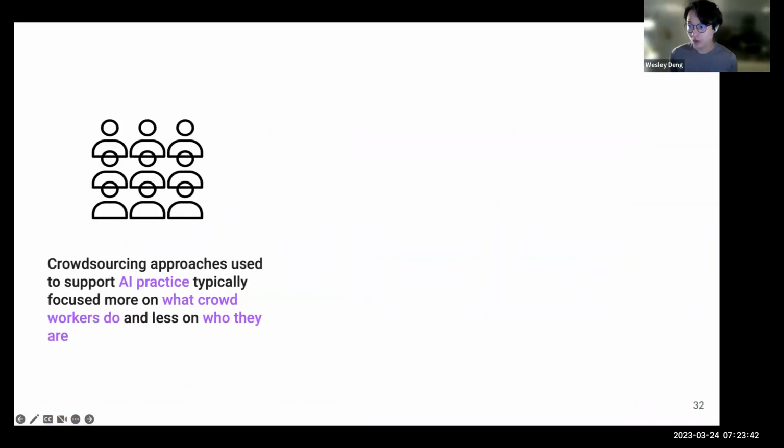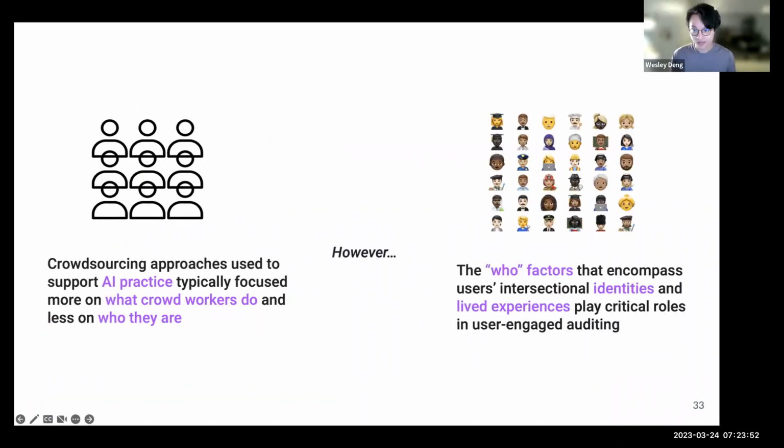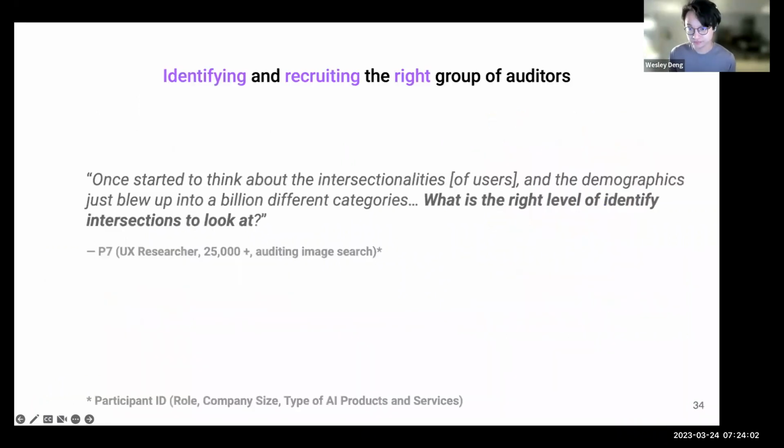To start with, crowdsourcing approaches used to support AI practice typically focus more on what crowd workers do and less on who they are. However, the who factors that encompass users' intersectional identities and lived experience play critical roles in user-engaged auditing.